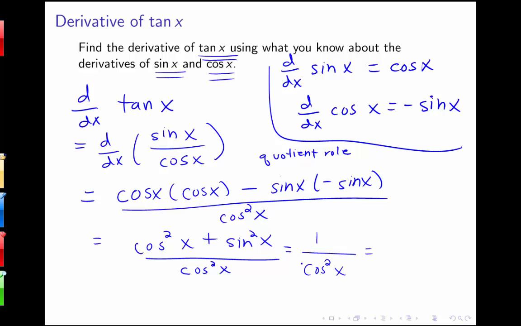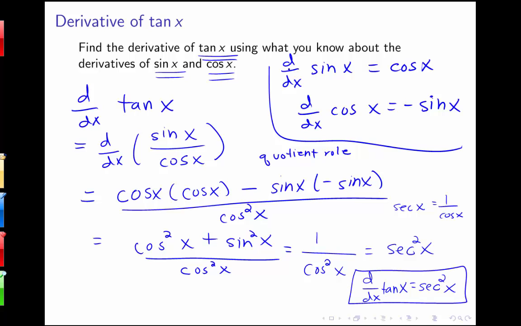And then using what we know about the definitions of our different trig functions, we know that secant x is 1 over cosine x. So 1 over cosine squared x is equal to secant squared x. So we've just shown that the derivative of tangent x is equal to secant squared x.